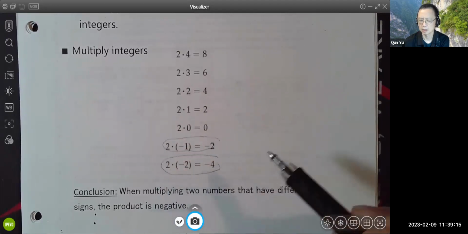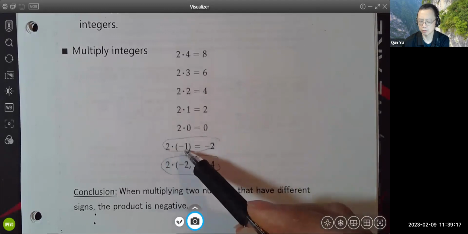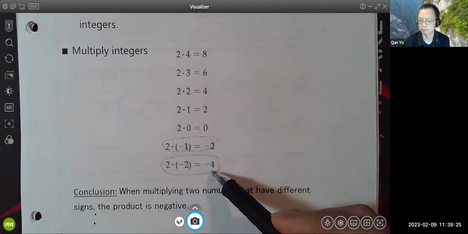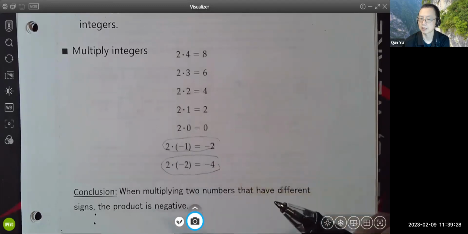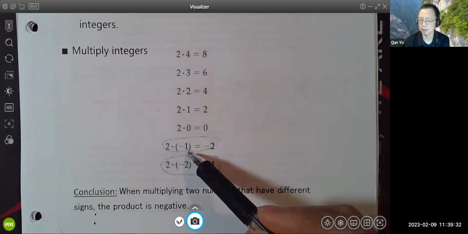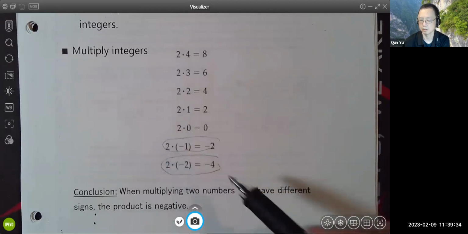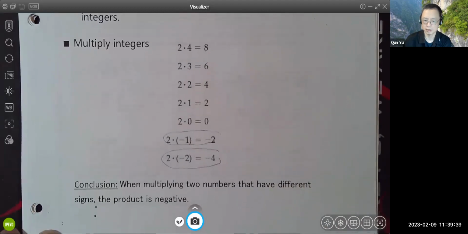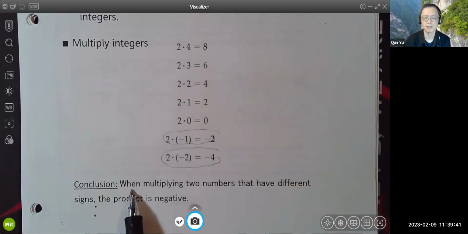When we multiply 2 numbers with different signs, one positive and one negative, the result is negative. So when we do multiplication with integers, if the 2 integers have different signs, the result will be a negative number. When multiplying 2 numbers that have different signs, the product is negative.